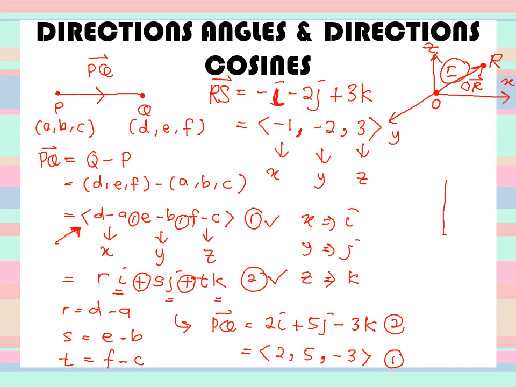If I have a vector on a 2D plane, this is your X, this is your Y. This vector is also vector R, OR.